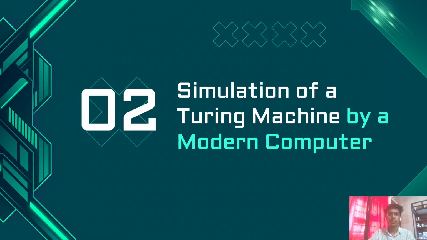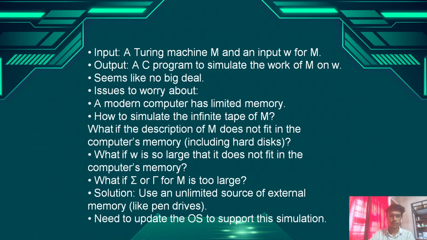So, simulation of a Turing machine by a modern computer. We do the simulation of the Turing machine in this way. The input is a Turing machine M and input W for Turing machine M, and the output is a C program to simulate the work of Turing machine M on W. Seems like not a big deal.